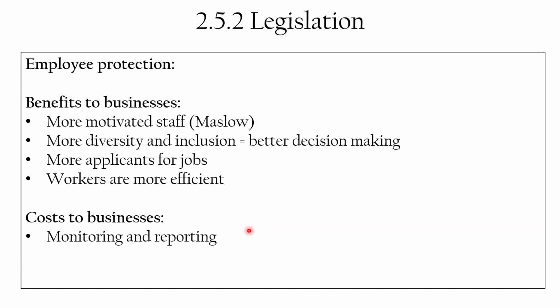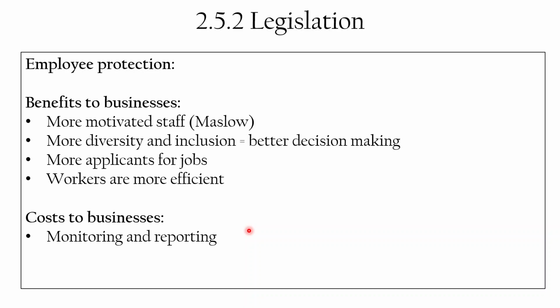However, there are the costs of monitoring and reporting these things. Basically the costs of ensuring that the recruitment process is fair and there's no subconscious bias going on. So often lots of businesses will use things like nameless applications, which creates a bit of admin because you've got a separate application form and name.